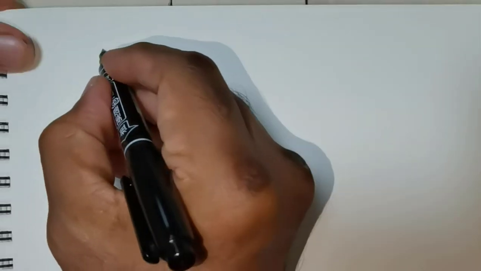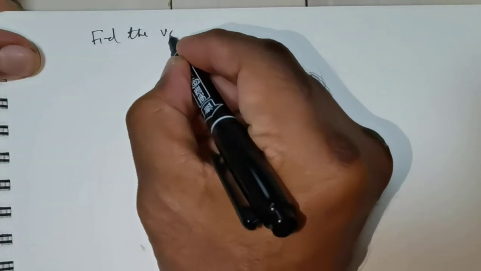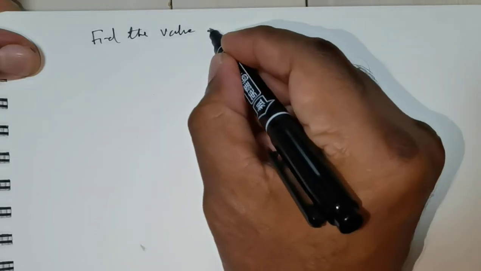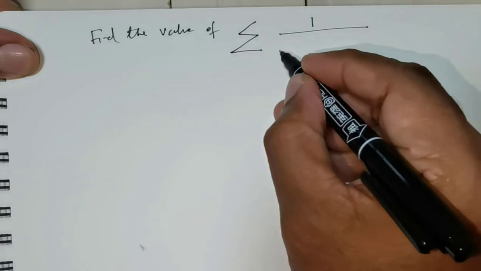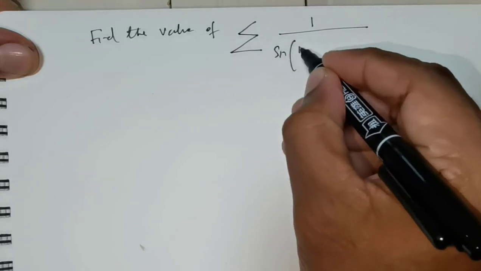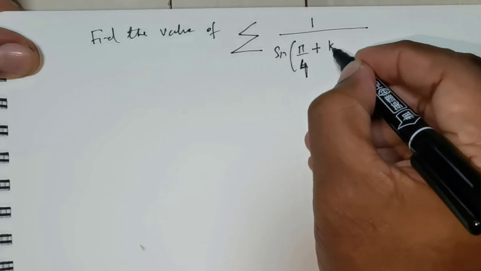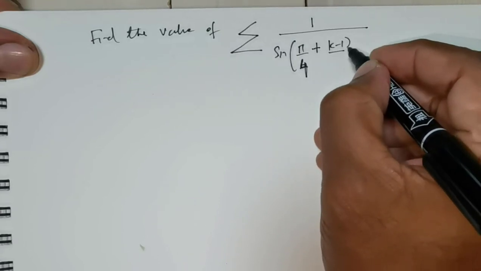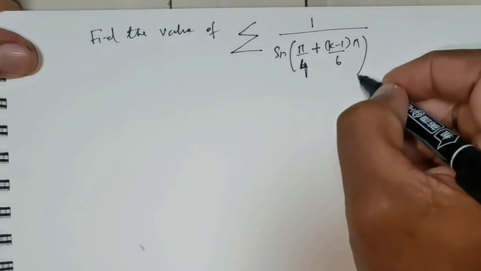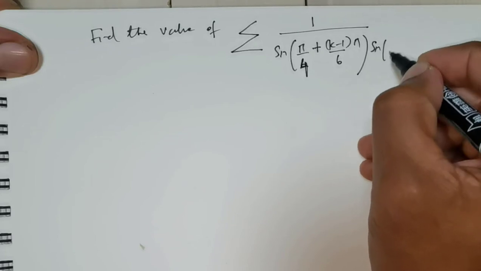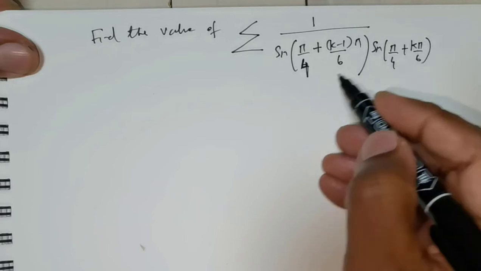We are given a beautiful question. We are expected to find the value of the summation of 1 over sine of pi over 4 plus k minus 1 times pi over 6, times sine of pi over 4 plus k pi over 6.